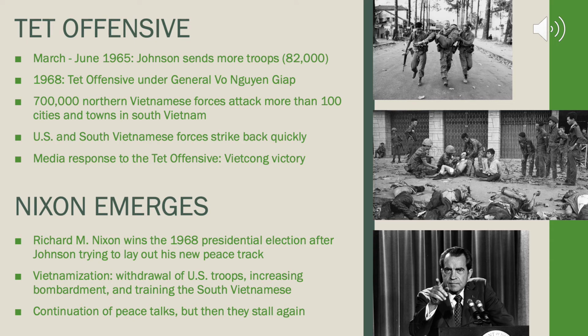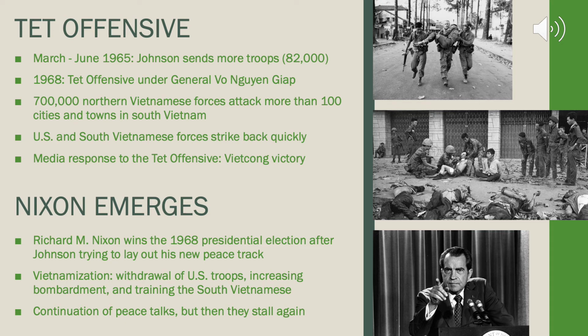From March through June of 1965, Johnson sends even more troops into Vietnam, and this reaches over 82,000 troops in Vietnam. And this gets a little bit worse when in 1968, the Tet Offensive begins.